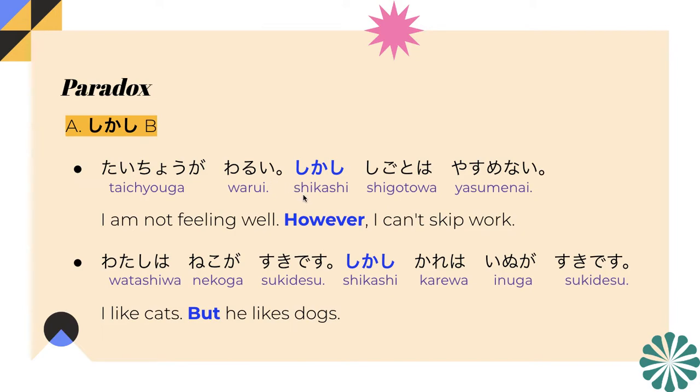And then, しかし, however. Incident B, 仕事は休めない。However, I can't skip work. This is a huge issue for adults, but it's the reality. So, moving on to the next one.